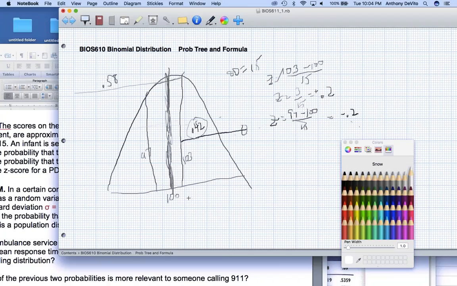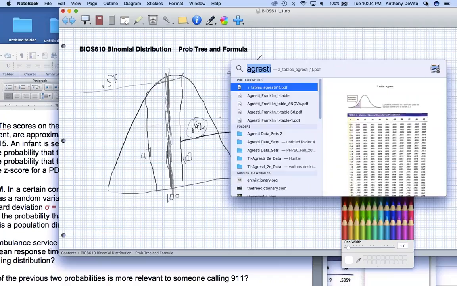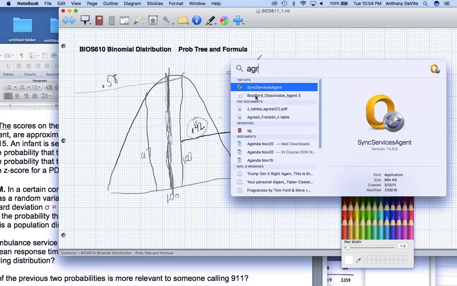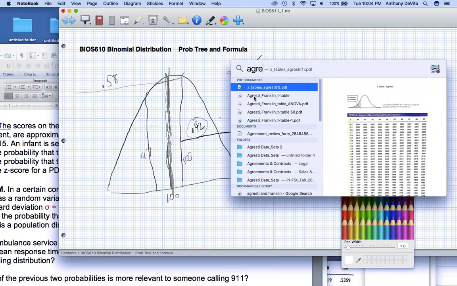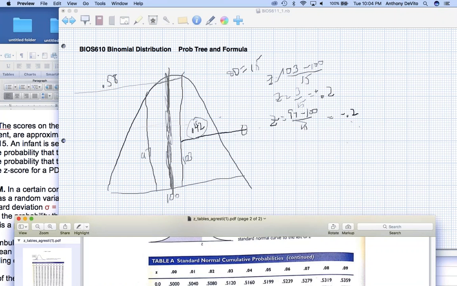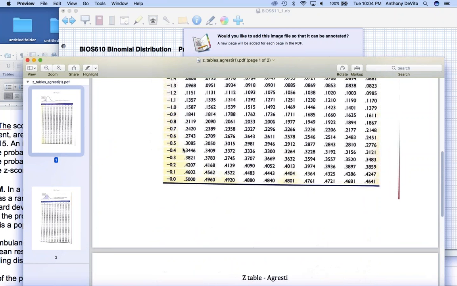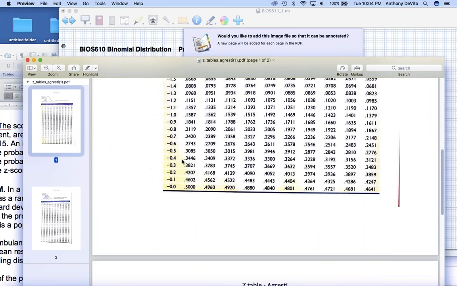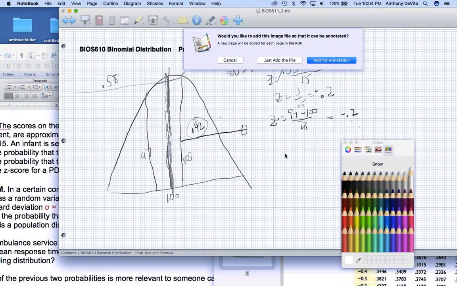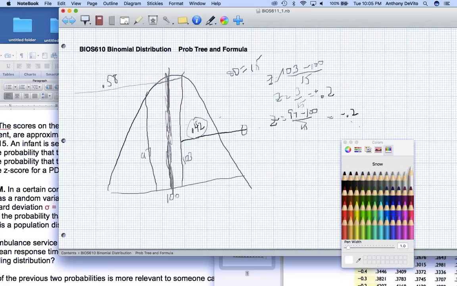Let's go back to my table. And I'm looking for the area to the left of, okay, and I have to go to the negative table, negative 0.2, and that is, I'm going to round this off for our purposes, 0.38. So 0.38 is the area to the left of 97.